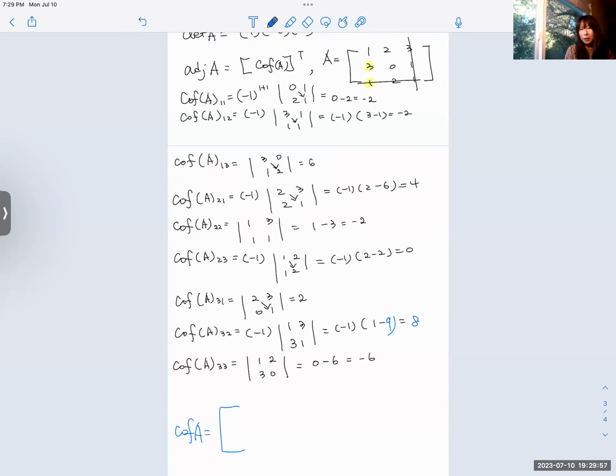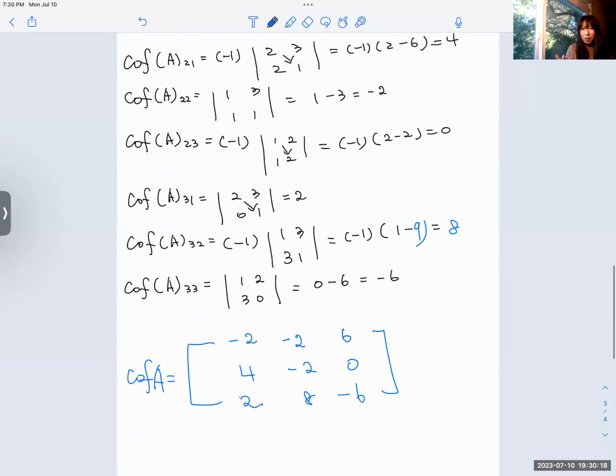This is the cofactor matrix. So we have negative 2, negative 2, 6, and 4, -2, 0, 2, 8, -6. Please correct me if I make a mistake. Now the adjugate is the transpose of that.